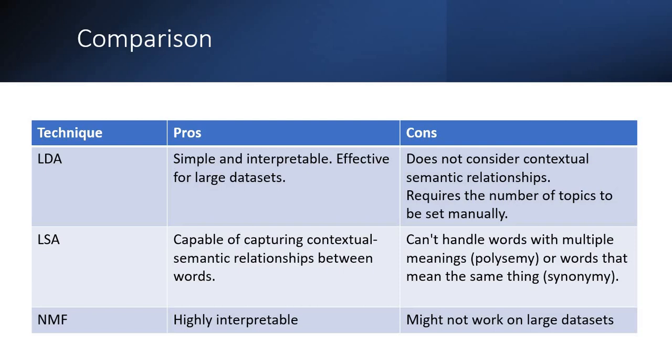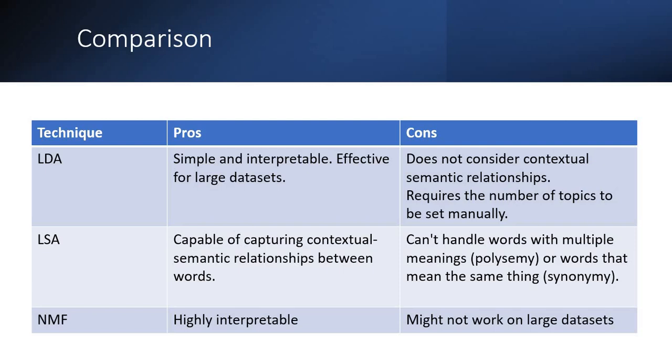I mean, it treats words as independent of each other, which is usually not the case in natural language, and it requires the number of topics to be set manually. It cannot really tell you on its own how many topics there are in your text. You have to give it the number of topics in advance. There are techniques for finding out the optimal number of topics, which I will discuss in a separate video.